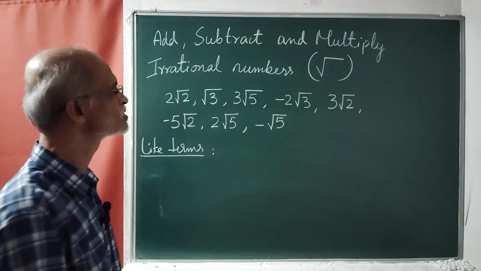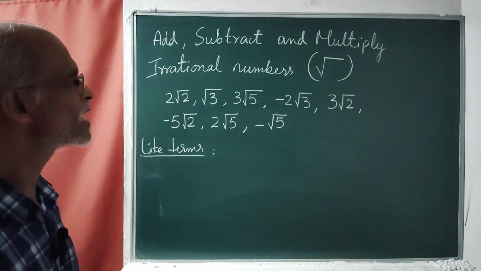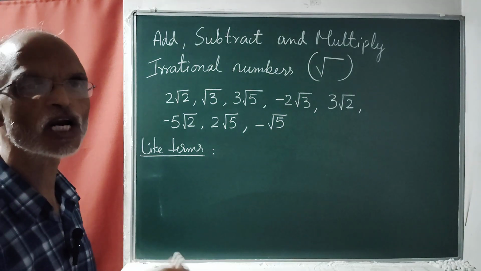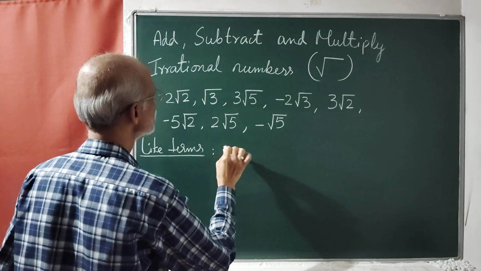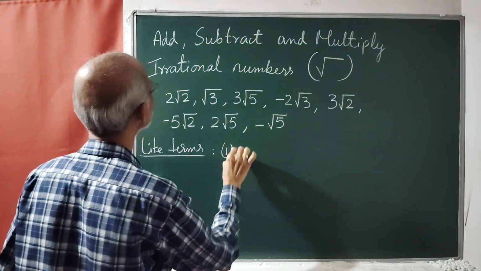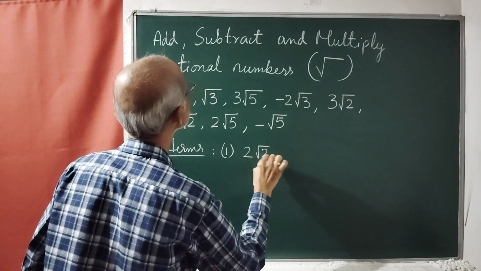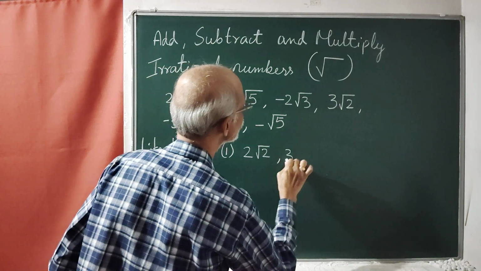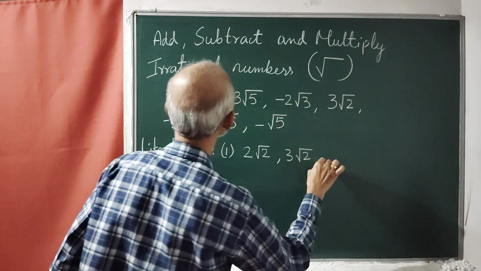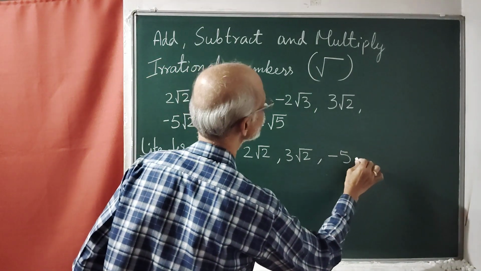Among these terms, the terms which have the same number under the root are called like terms. For example, 2 root 2, 3 root 2, minus 5 root 2.